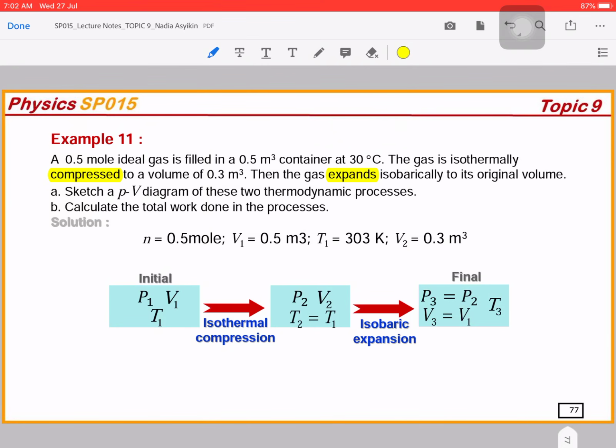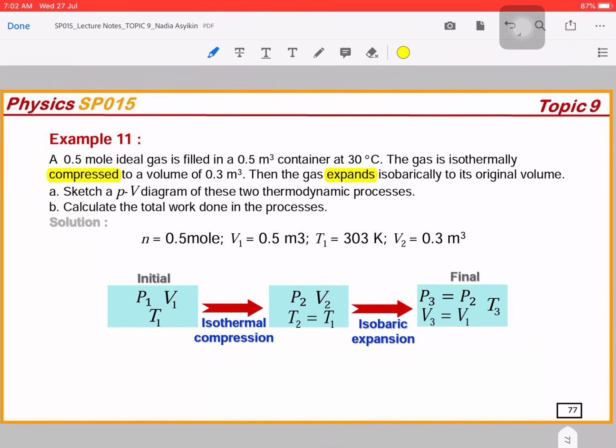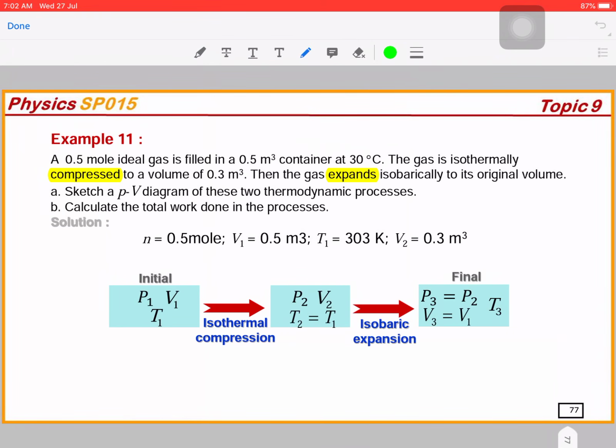So initially P1, V1, T1, kemudian kita pergi kepada isothermal compression. So isothermal compression, kita akan dapat same temperature but we have different pressure and different volume. Kemudian kita pergi kepada isobaric expansion. So untuk isobaric, our pressure is the same.